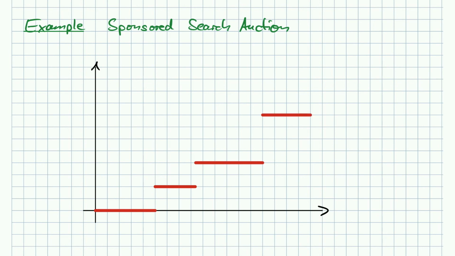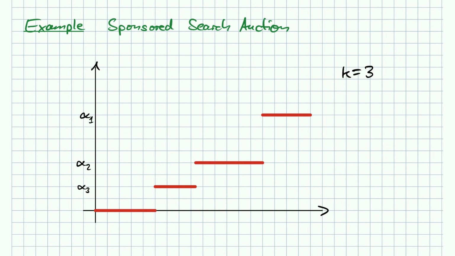We have the different ad slots, and those have different click-through rates. So the best slot will give us a click-through rate of alpha 1, the second best a click-through rate of alpha 2, the third best of alpha 3. So we'll have, in this case, k equals 3. Now, what I've already drawn here would be a monotone allocation rule.